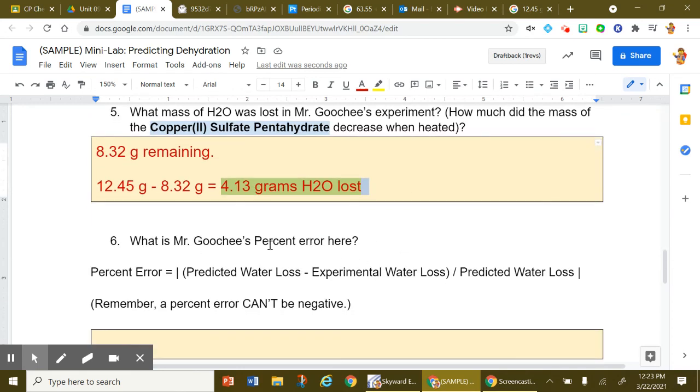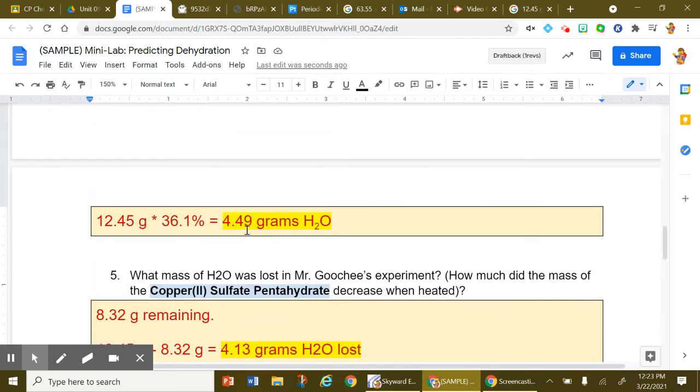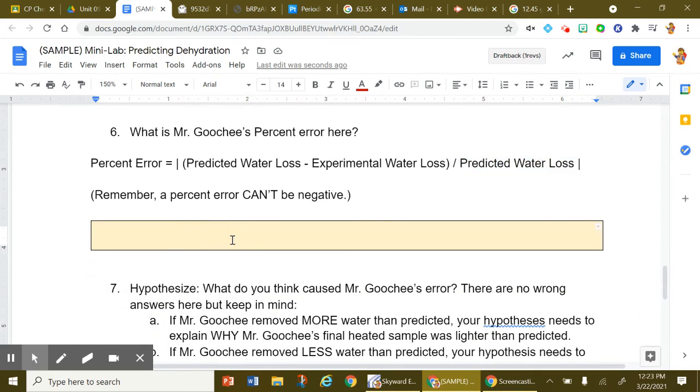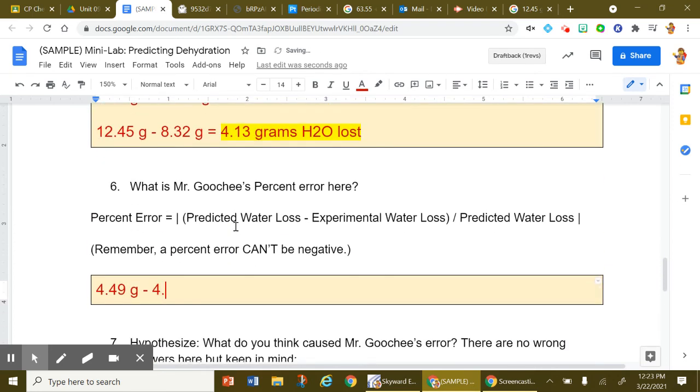So what was my percent error here? Well, the percent error is what you predicted minus what you got in the experiment, divided by what you predicted. And that can't be a negative number. You got to make it a percent. So here I go. I predicted 4.49 grams lost. I actually lost 4.13 grams.